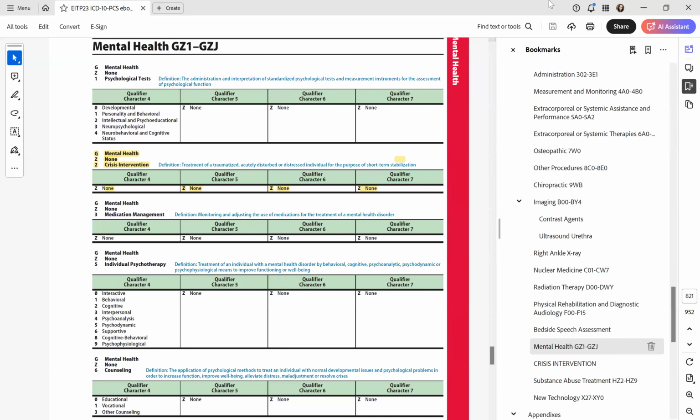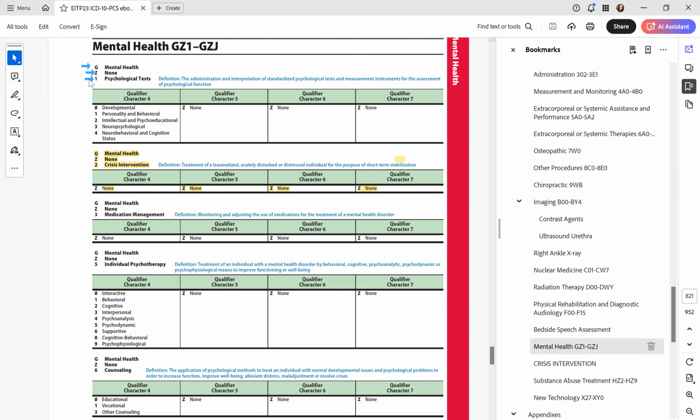Again, this is table GZ1, but they all look kind of similar. And you'll notice it's the mental health section. We don't really deal with any second character because it's not relevant here.